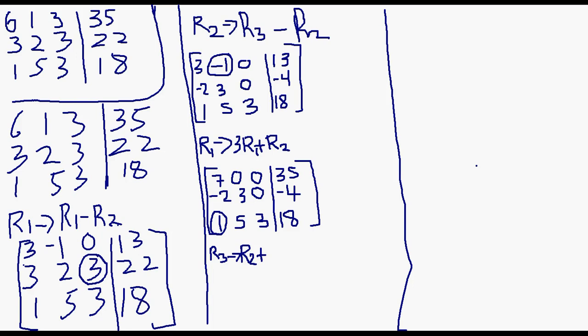Row 2 plus, then we multiply 3 times row 3.